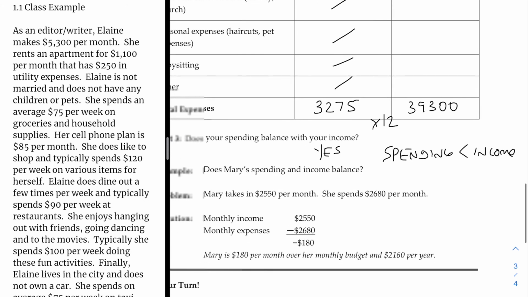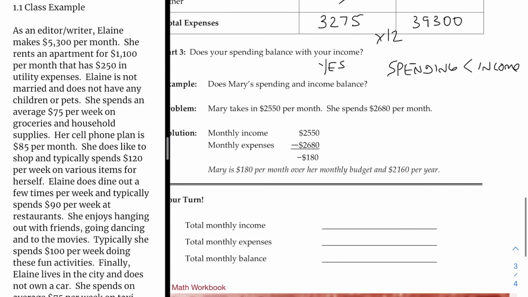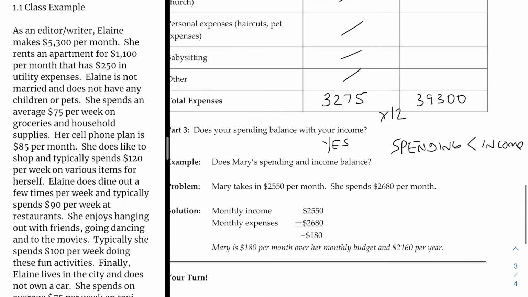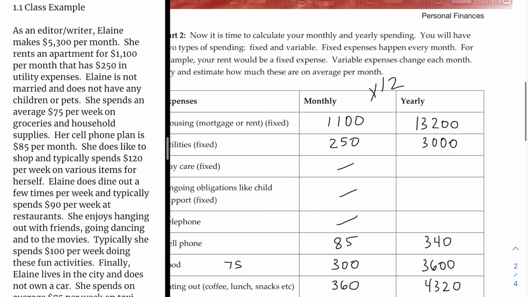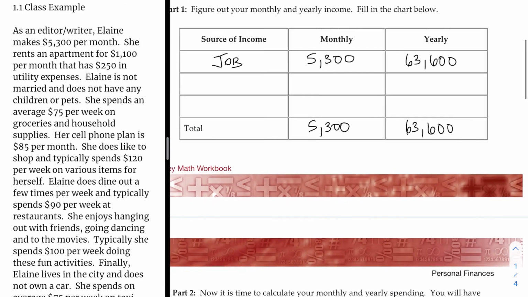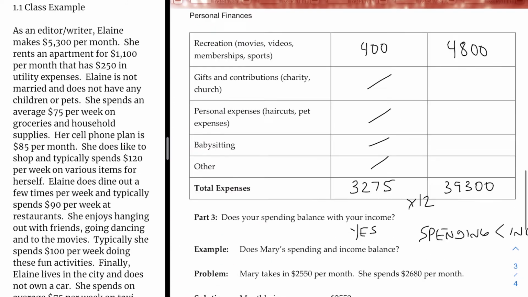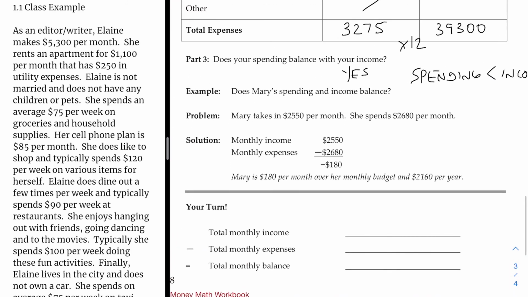So here is Mary's example from above that we talked about. Mary's $180 over her monthly budget. That's a bad thing. That means she's going into debt, and that's not something we want. So down here at the bottom, we're going to go ahead and calculate our monthly balance. Let's go back up here and see what our monthly income was. $5,300 a month was our income.